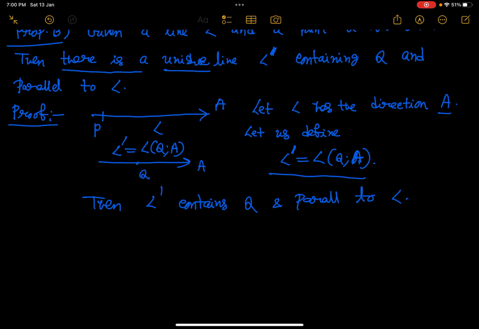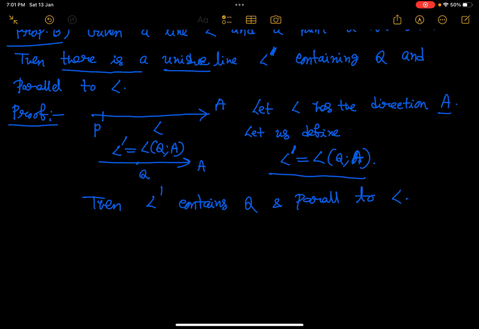It also contains Q by the definition of a line. Why is this unique? Suppose there is another line L double dash which contains Q and is parallel to the given line capital L.